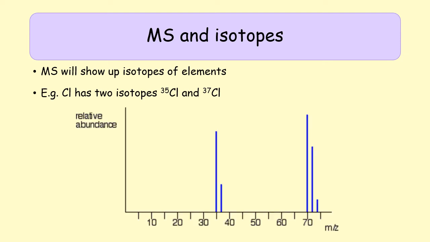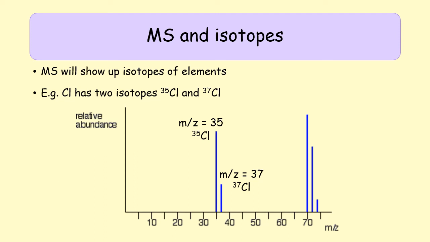When we look at its mass spectrum, we see 5 main signals. So we have one at 35, which is when the chlorine molecule has been split apart, and we're seeing the 35 atom on its own. We see one at 37, that is the 37 atom on its own. And then around the 70, we see 3 signals.